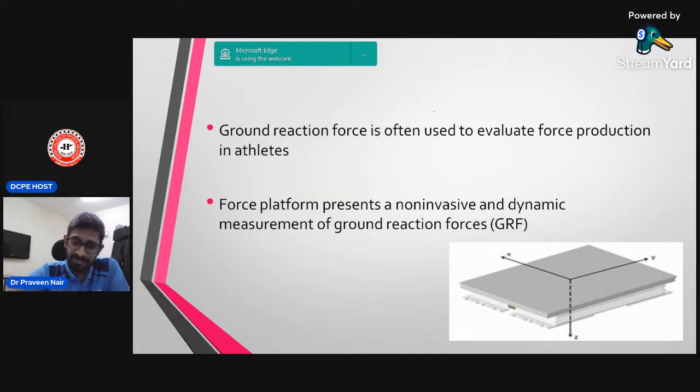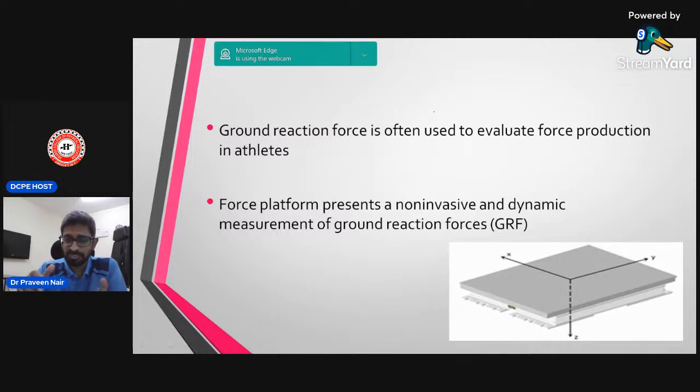These days, whether you talk about strength and conditioning, sports science, clinical science, or physiotherapy, many hospitals, sports science centers, and big academies are procuring force plates. Although it is costly equipment, it helps you find the ground reaction force.